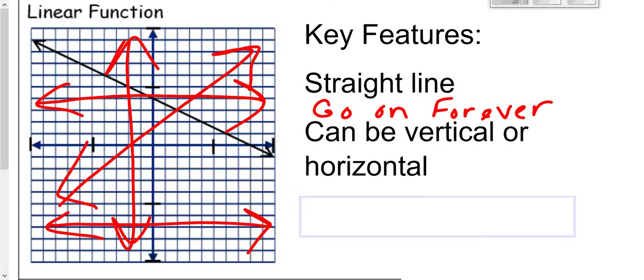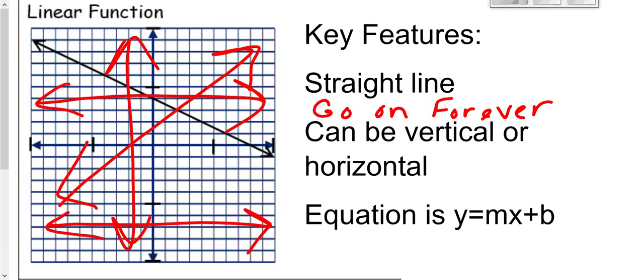Here's another important key feature that you might be asked to identify the function from: its equation. y equals mx plus b. Notice that in this equation, we have two terms. Sometimes you only have one, depending on what the slope is. But there are no exponents.